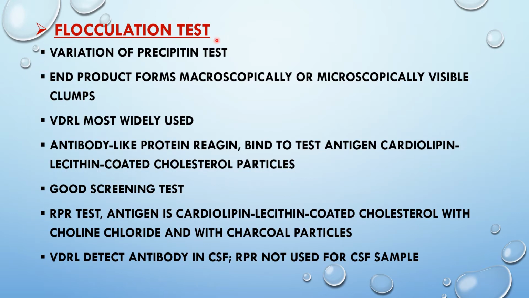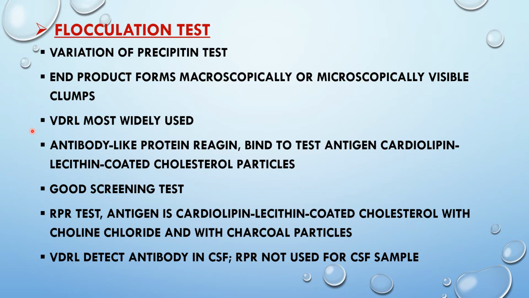Next is the flocculation test. This is nothing but a variation of the precipitation test, and here the end products form macroscopically or microscopically visible clumps. An example of the slide flocculation test is the VDRL test. Antibody-like protein, reagin, binds to the test antigen, cardiolipin, lecithin coated cholesterol particles.